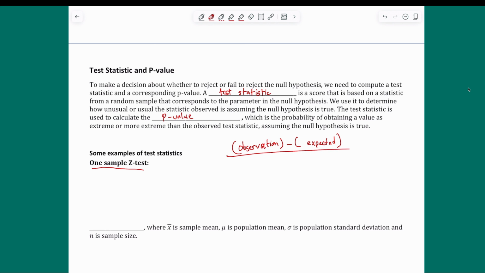And then you would divide this by what's called the standard error. Think like standard deviation. All right, standard error. And that's all these test statistics are.